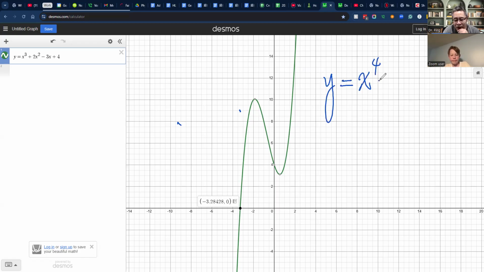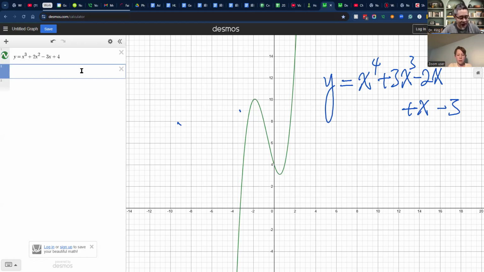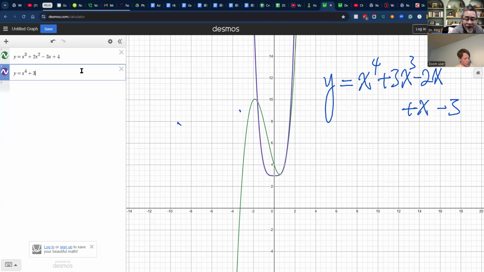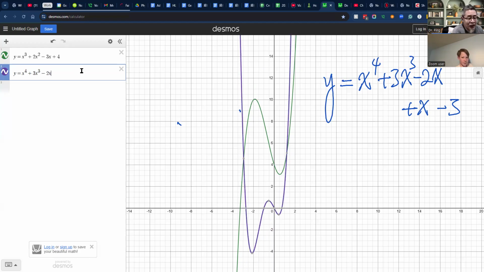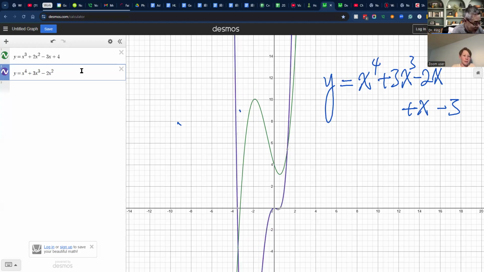Let's say x to the fourth plus 3x to the third minus 2x squared plus x minus 3. Okay, let's see what that looks like. And let's put those two together. We can actually compare. So y equals x to the fourth plus 3x to the third minus 2x squared minus 3.